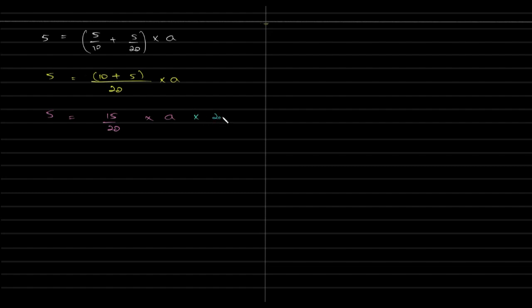We'll multiply with 20 by 15 both the sides. And now we can cancel things. On the right hand side, this entire thing will get cancelled. And on the left hand side, we have this 5 and 15. We have 3 over there and 1 over there. So 20 by 3. So your acceleration is 20 by 3 meter per second square.